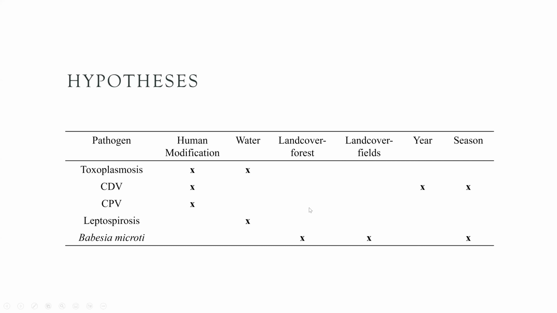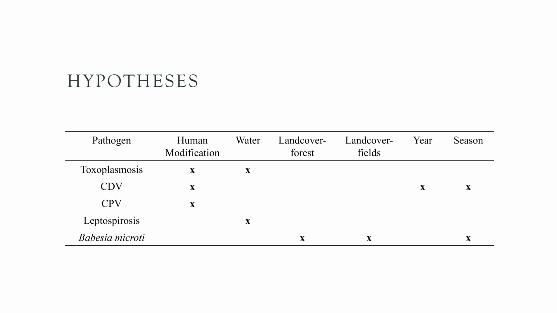skunks. And previous studies in raccoon populations have shown a very cyclical nature in canine distemper virus prevalence. And so I expected some temporal effects on canine distemper virus infection status. Leptospirosis is very common in soil and can easily leach into water as well.